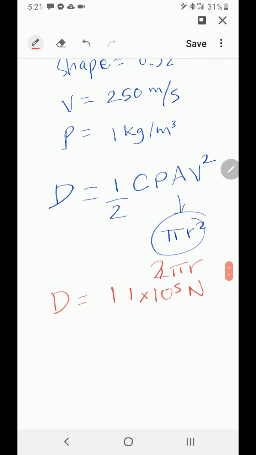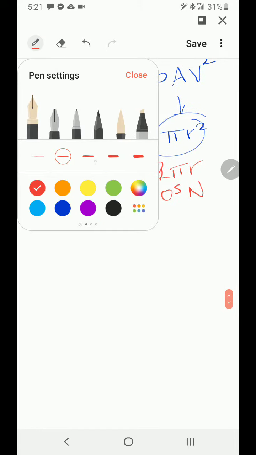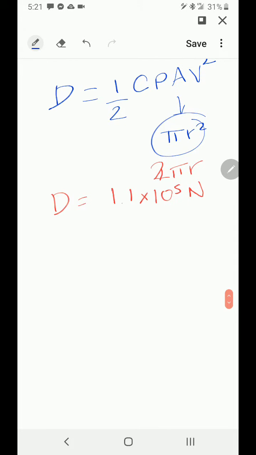And then I'm just gonna jump to the last question on the exam, which is number 12, and it's about two boxes on a slope.